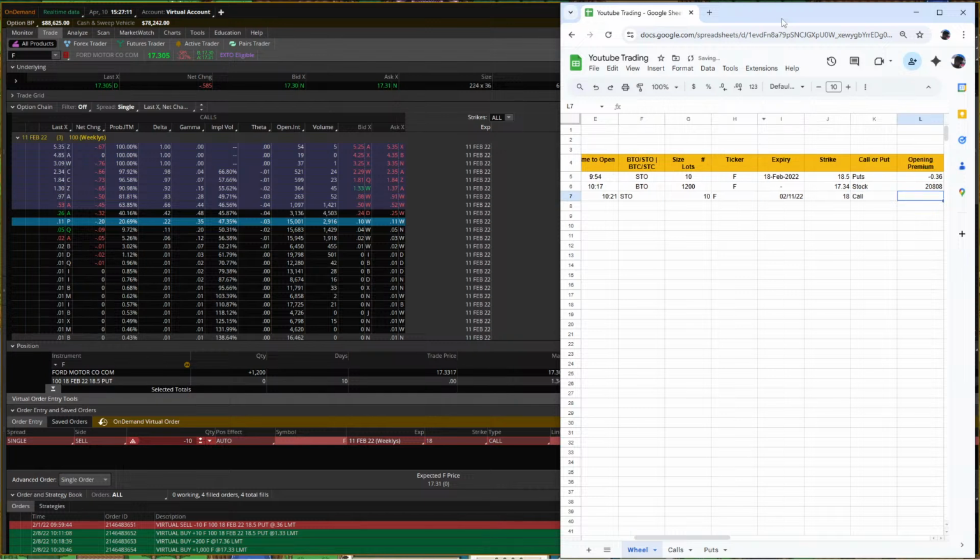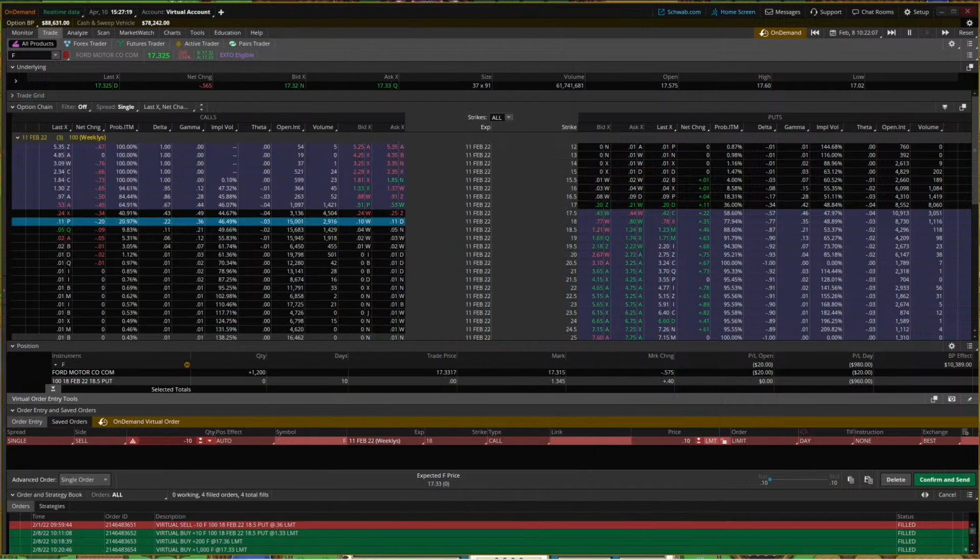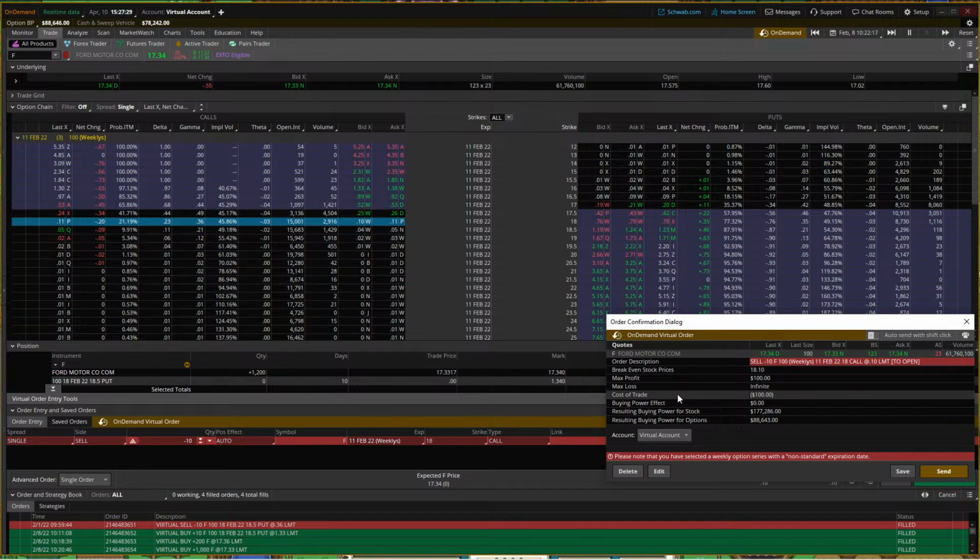Calls. The opening premium is going to be 10 cents, minus 0.1. The margin requirement here, it's going to be $100. It's really not going to be a margin because we're covering them. You know, they're not naked. We have 1,200 shares to back. So that's fine.